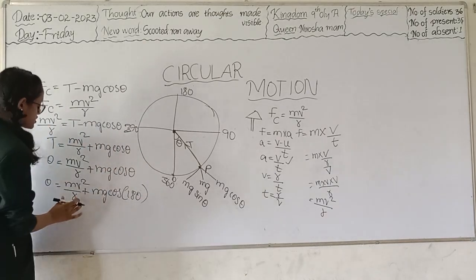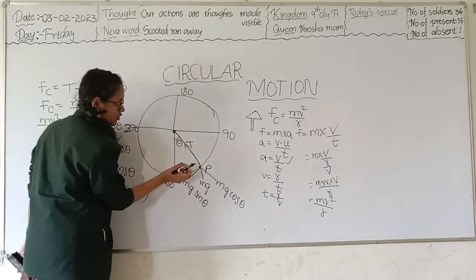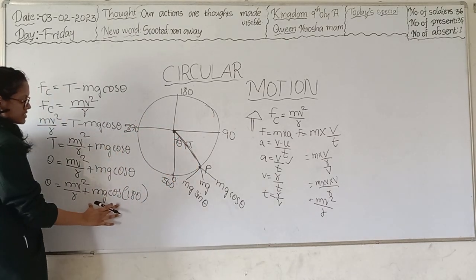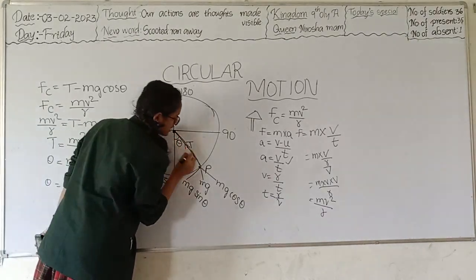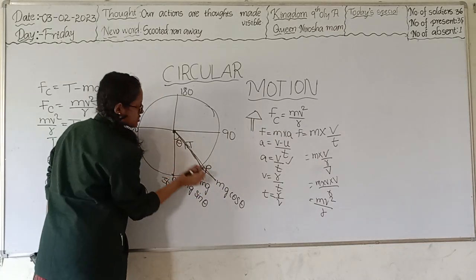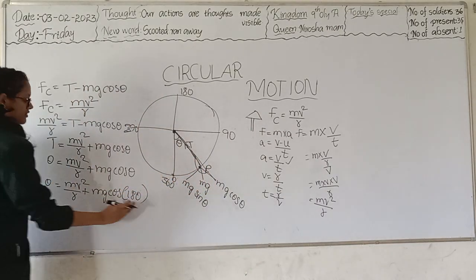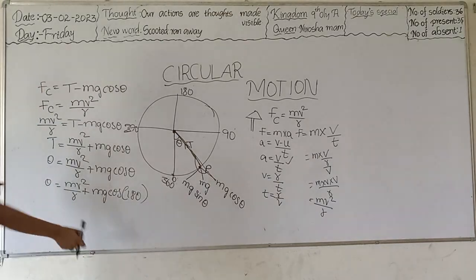Because mv square by r is the centripetal force acting in this direction, and mg cos theta is at an angle, these two form an angle of 180 degrees here. So we took 180 degrees.